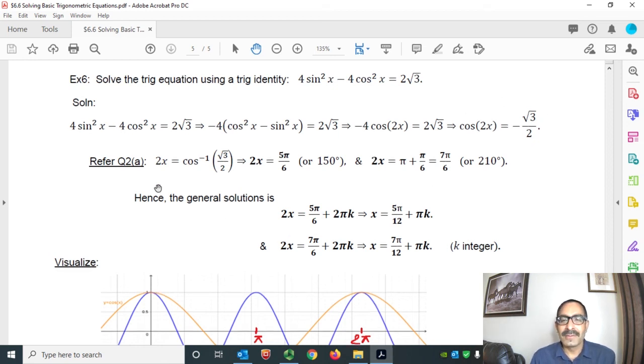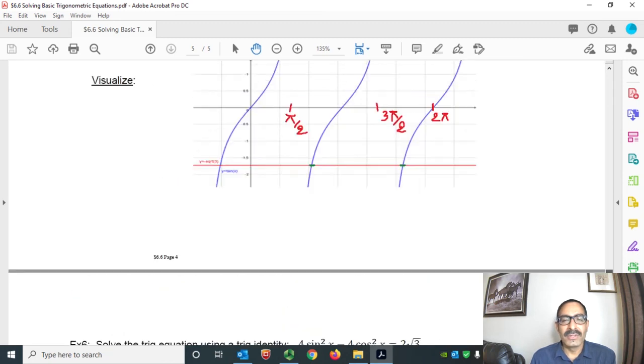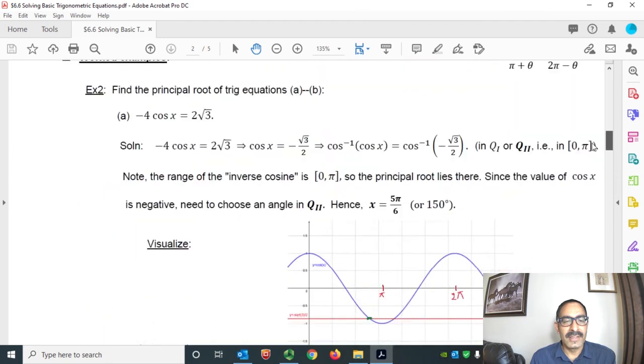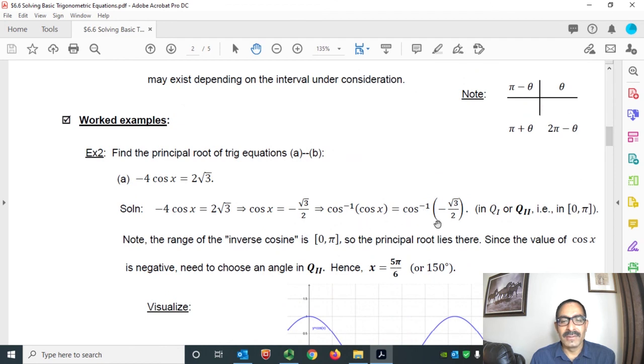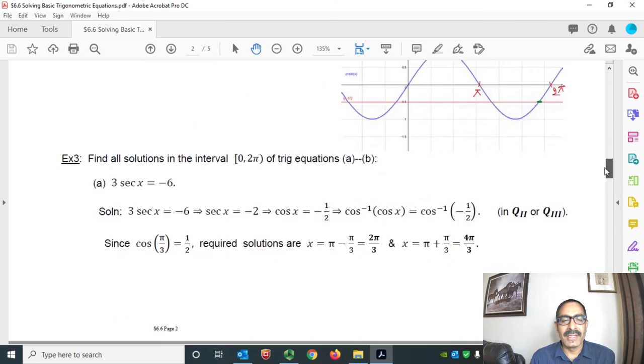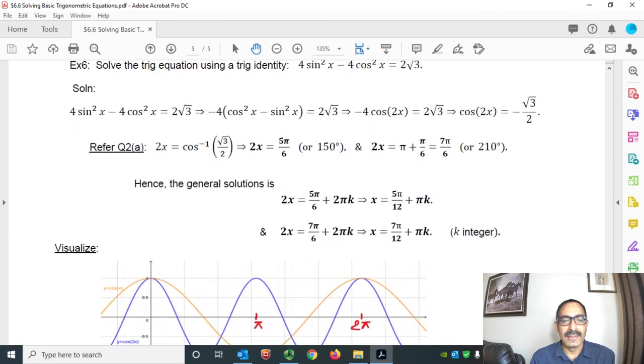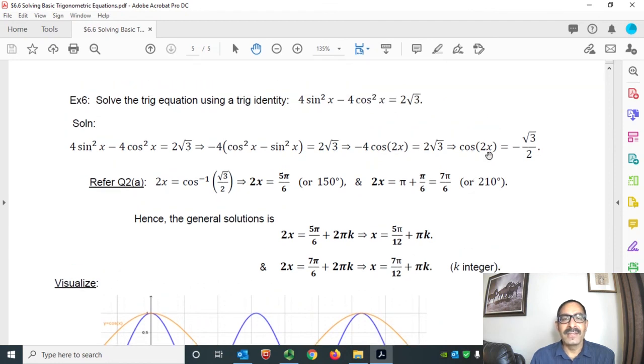Now let's move on. It says refer to question number 2a. So let me show you what's in 2a. We are here, 2a. We are solving cosine x equals minus radical 3 over 2. But in our example 6, we have cosine of 2x here. So let me scroll down again. Yes, so the angle is 2x here.